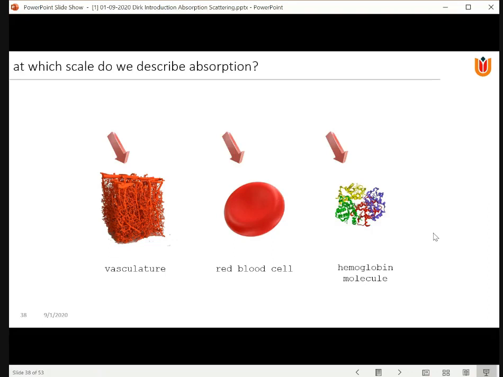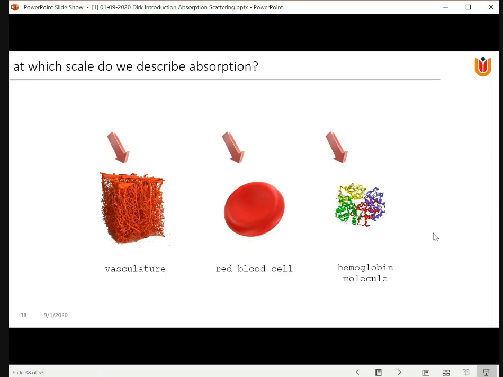And then you can take it a step further, because the red blood cells are also not homogeneously distributed over a piece of tissue, but are inside the blood vessels. So there too is a form of organization that makes it a little bit challenging to directly take the absorption properties of a hemoglobin molecule and say something about the absorption of the vasculature that you're actually probing.